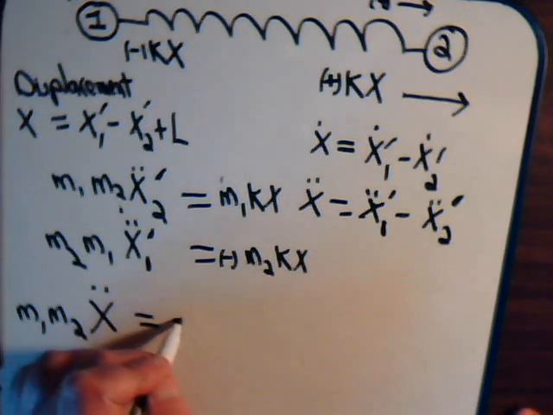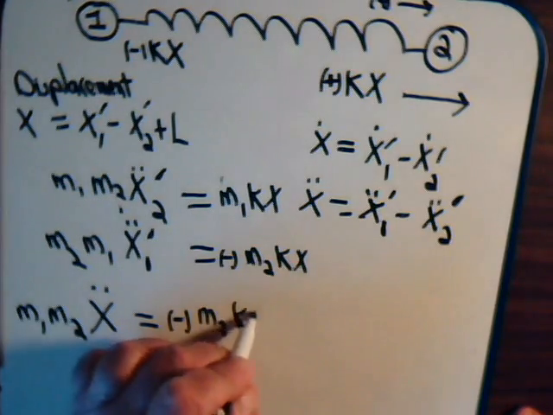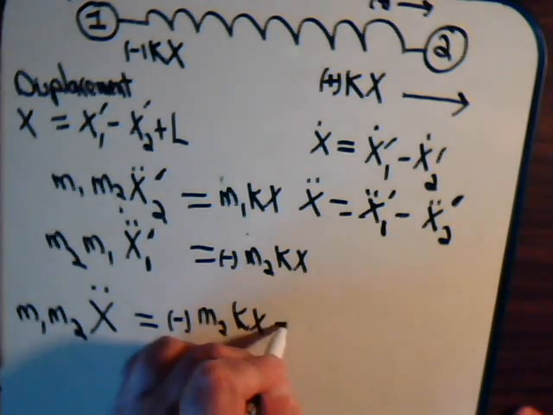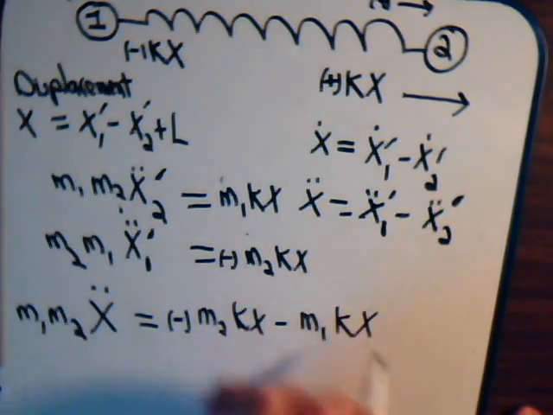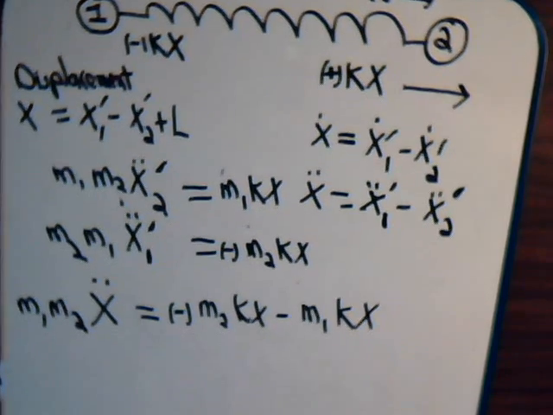Let's just write it out longhand. Minus m2 kx, this minus this, minus m1 kx. So it looks like we can modify the right hand side pretty easily.